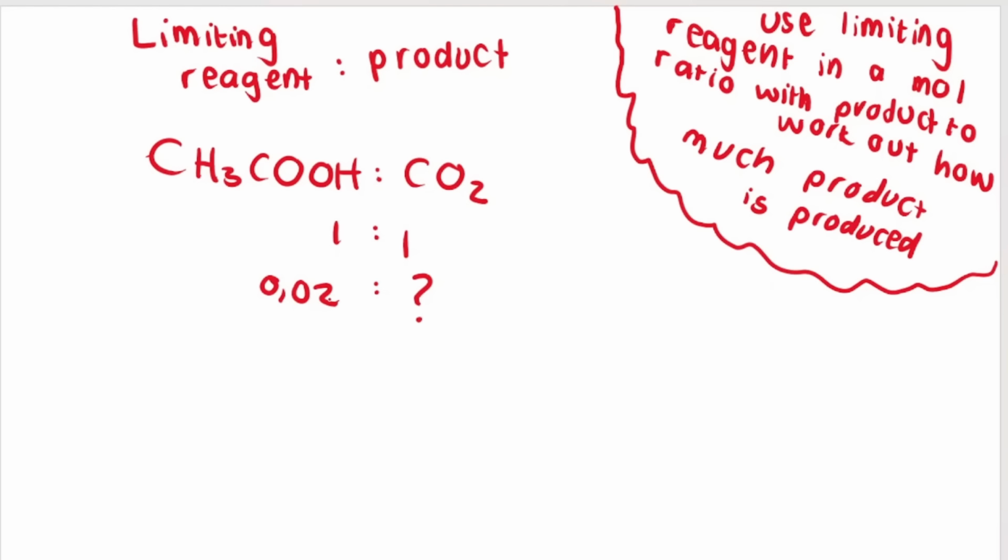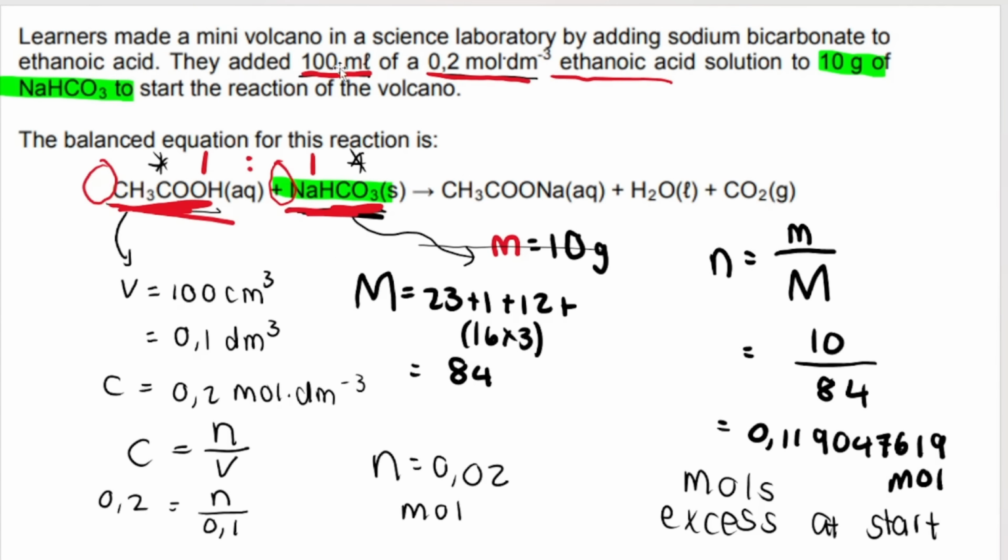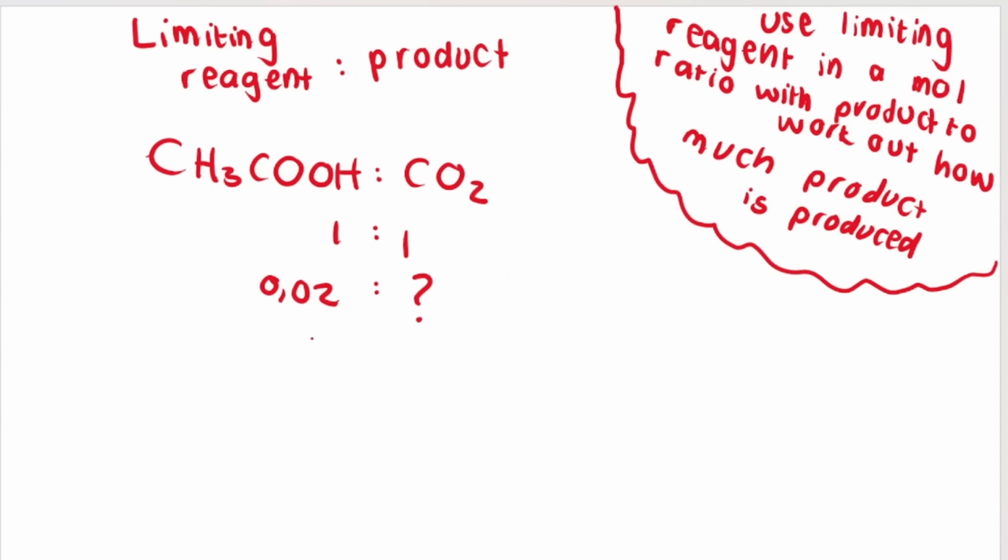Because we are reacting 0,02 moles of our acid, and if you forgot where that comes from, remember that comes from the very beginning when we took our information about our limiting reagent. We worked out 0,02 moles. That means all of that is going to be used up. So if I'm going to use up 0,02 moles, I can work out how much product will be produced. It's a 1-to-1 ratio, which therefore means 0,02 moles of CO2 will be produced.